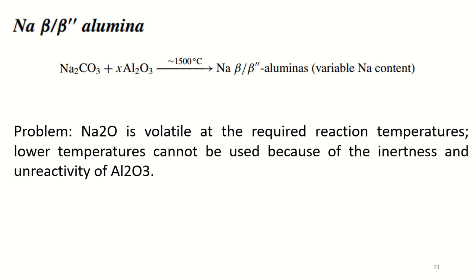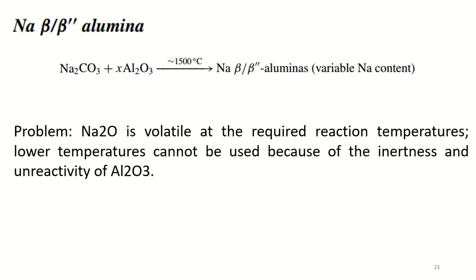Both phases form solid solutions with variable sodium to aluminium ratios, and they can be prepared as follows, in which sodium carbonate is reacted with aluminium oxide in the temperature range of 1500 degrees Celsius, forming the sodium beta and beta double dash aluminas.